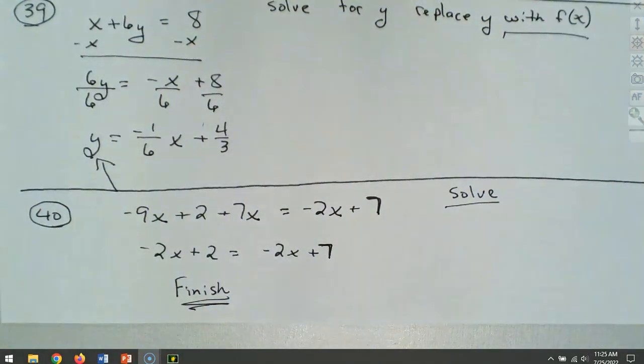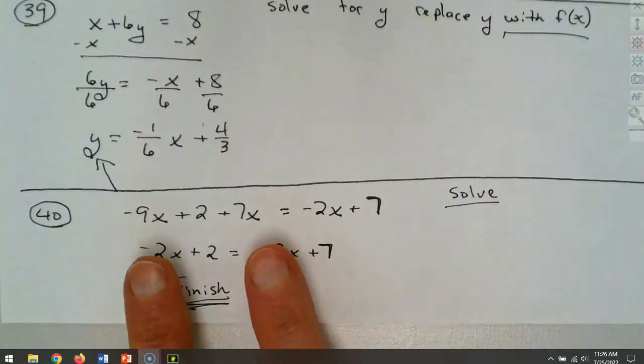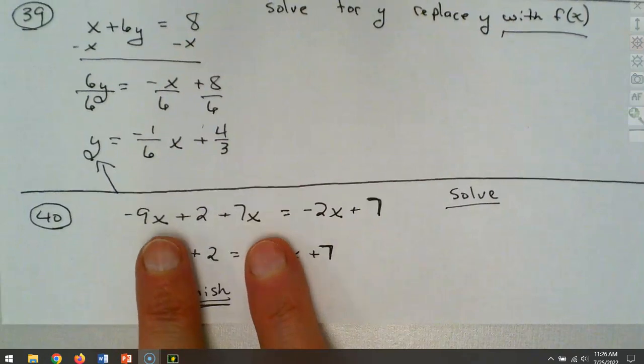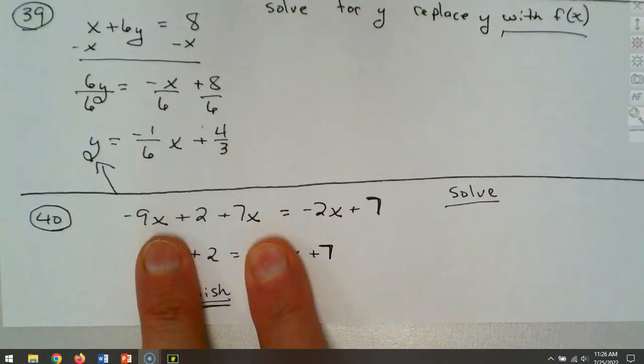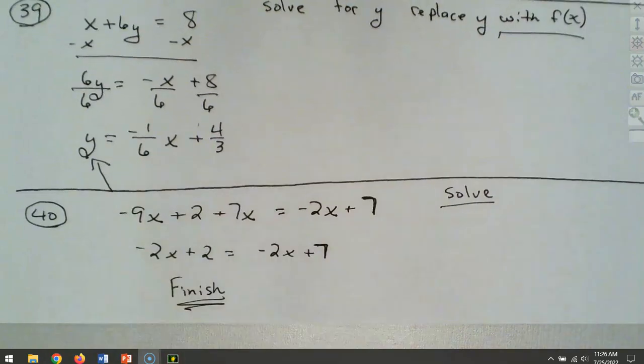If you finished it, what happens when the x's cancel? Which they will. If you try to finish this, the x's would cancel, and you'd be left with 2 equals 7, right? And what kind of equation is that? Does 2 equal 7? No, that would be a contradiction, no solution.